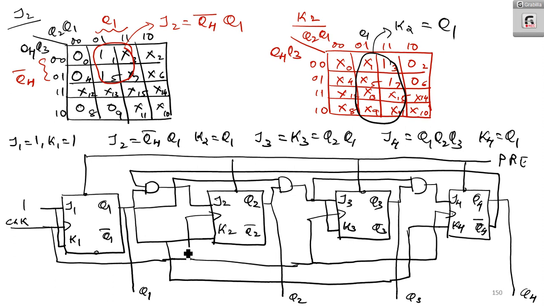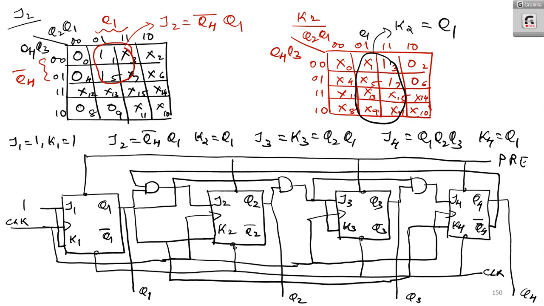Here there is clear, give it into clear. Now preset and clear are also ready. So this is the logic circuit of the entire counter.